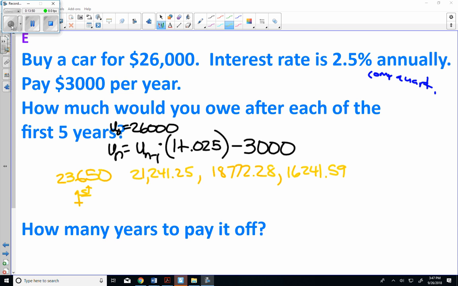The year after that, it is going to be 13,647.63. Then you're down to 10,982.63.